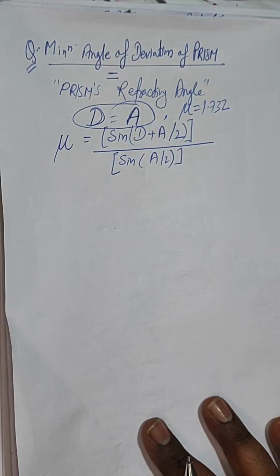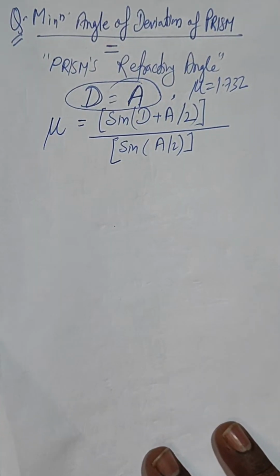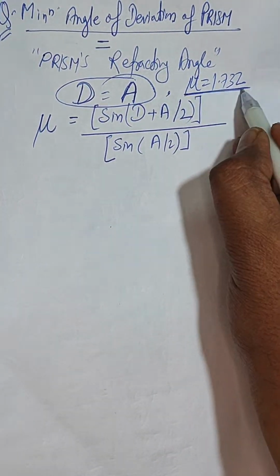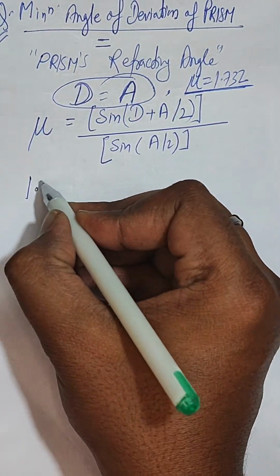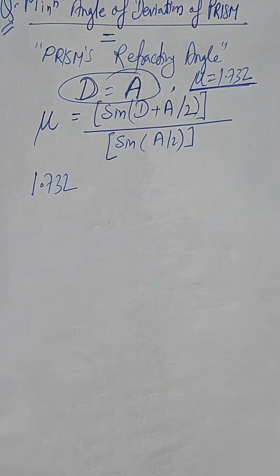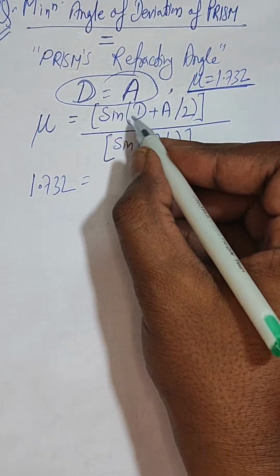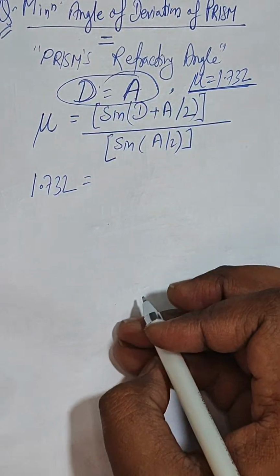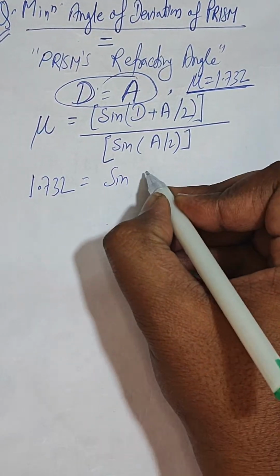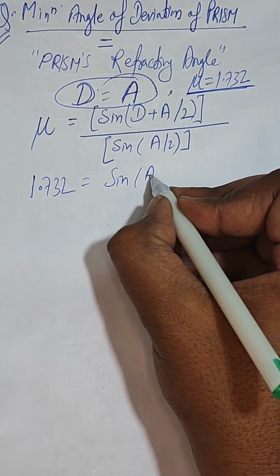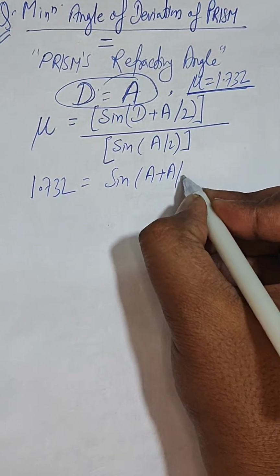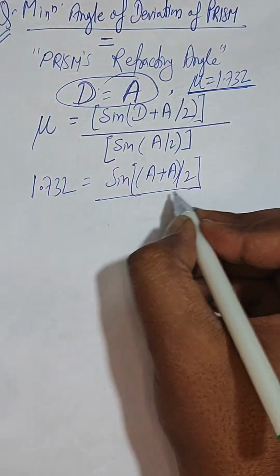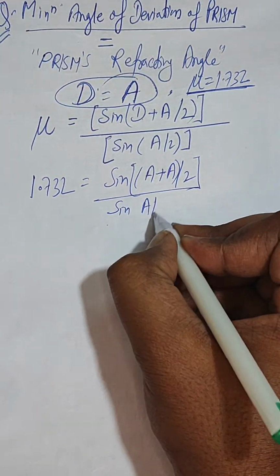If mu is given as 1.732, my dear friends, then in this case you just substitute the value of mu over here as 1.732 into the LHS, and we have sine of D plus A divided by 2. So since D is equal to A, can we write, instead of D, just write A. So it will be A plus A divided by 2, divided by sine of A by 2.